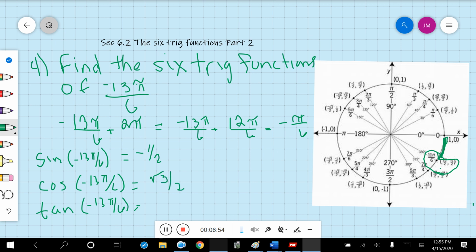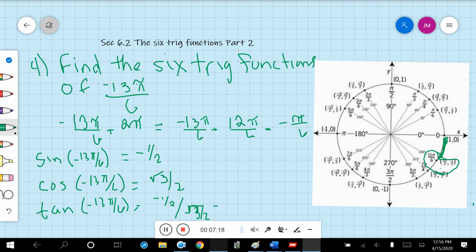And the tangent would be the sine over the cosine, or the y over the x. So it would be negative 1/2 over root 3 over 2.